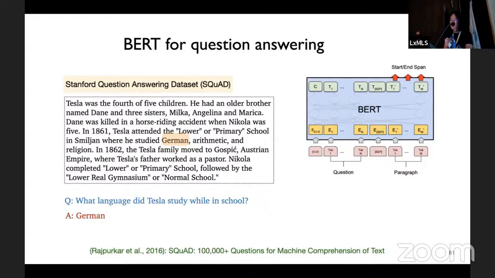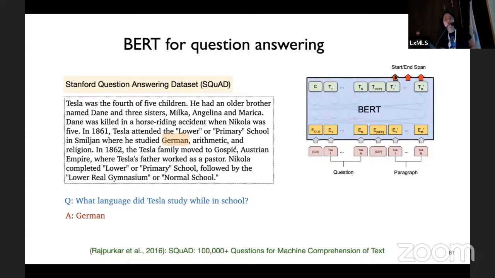The format of this task is: given a passage of text and given a question, for example, what language did Tesla study while in school? Then you need to predict a span or segment of text in this passage, which should be the answer to this question.